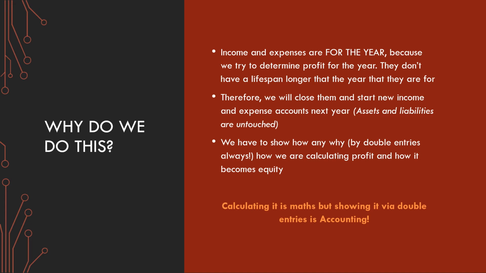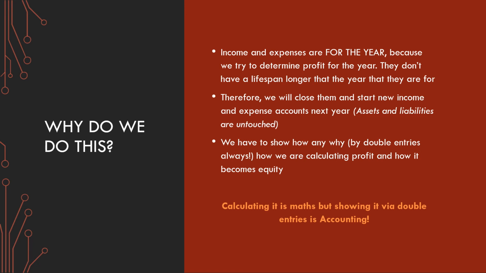So that's why we typically say they don't have a lifespan longer than the year that they are for. I mean, your sales for the year of 2020, you can't just carry that on into the next couple of years. You have to only work with the sales figure for 2020. So we would obviously have to close them, because next year we'll have a new sales account, new advertising for the year, new salaries for the year, et cetera.